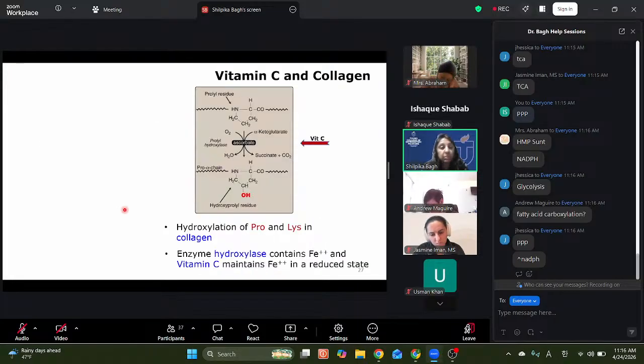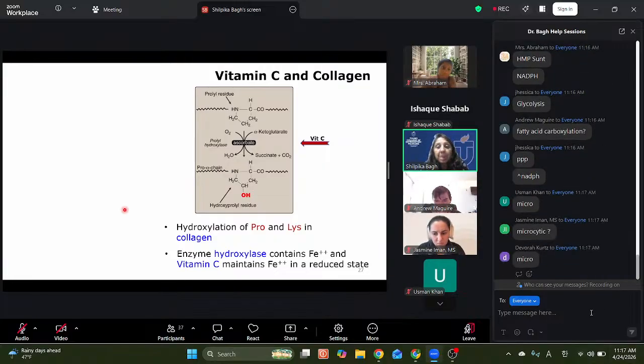B complex, one mistake students make is they always go towards vitamin C: hydroxylation, collagen strong, weak collagen, bleeding gums, and falling out of teeth. But they forget that there are two other important roles of vitamin C. It's an antioxidant and it helps iron absorption in the form of Fe+2. That is why vitamin C deficiency can also lead to microcytic anemia.